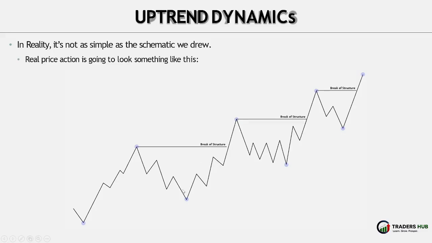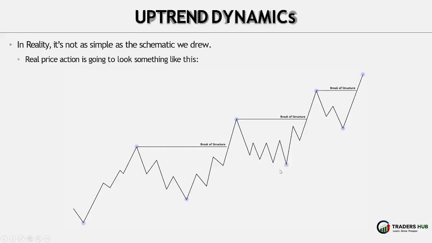By breaking structure, we mean that we broke the last higher high. Okay, broke what? Last higher high. And by breaking this higher high, we have now formed a new higher high. Okay, and after every higher high, we will always have a correction, yes, a correction to form a new higher low.